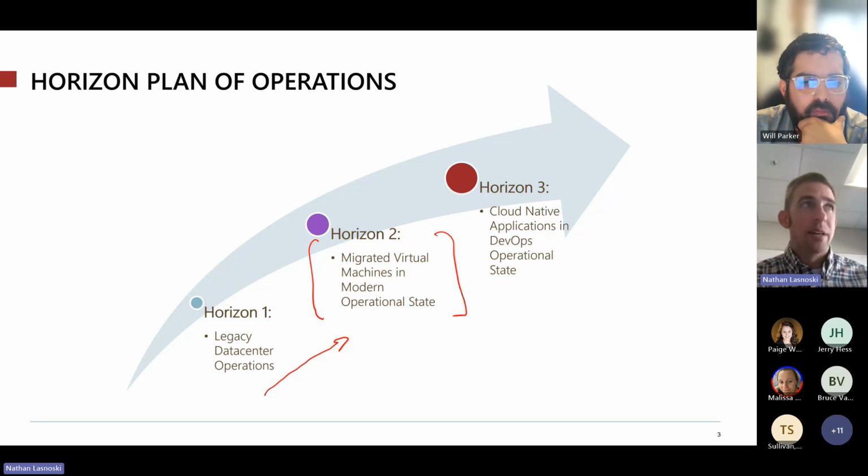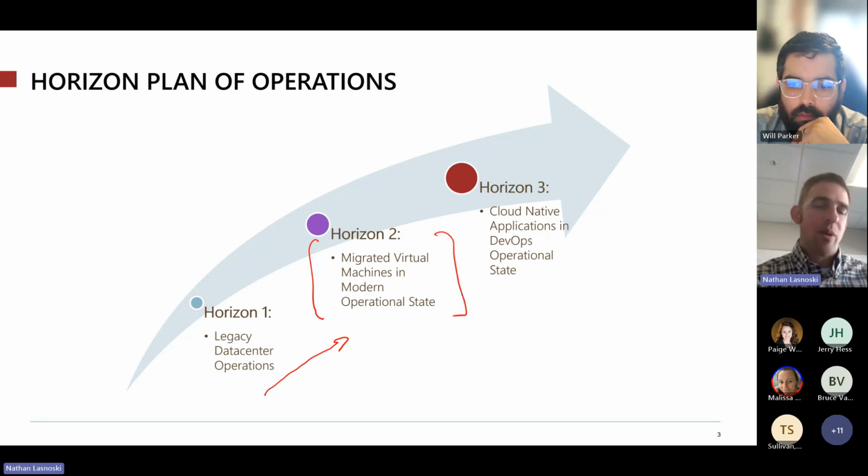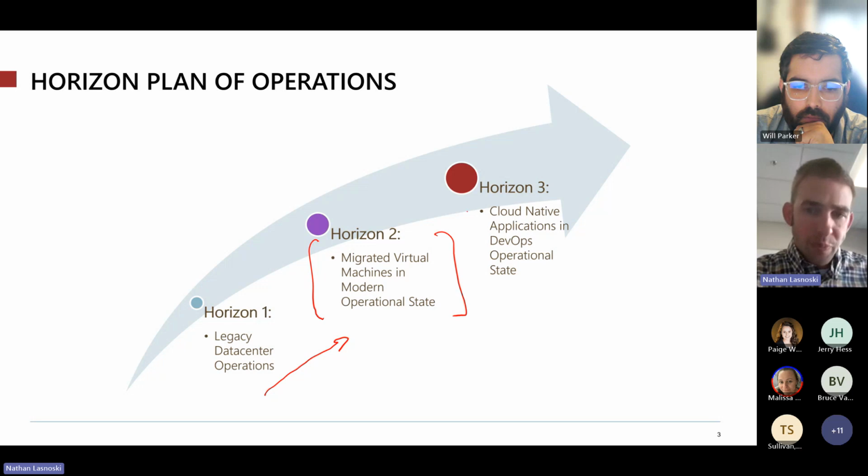I might be backing them up or managing them with things that are like third parties or older products, or maybe I didn't really implement the right controls when I moved to Horizon 2. So maybe you have some security gaps, or we haven't implemented the resource governing or classification or tagging properly. So this state is one that many companies find themselves in because they moved into the cloud, but they didn't necessarily take all the right steps as they moved to Horizon 2.